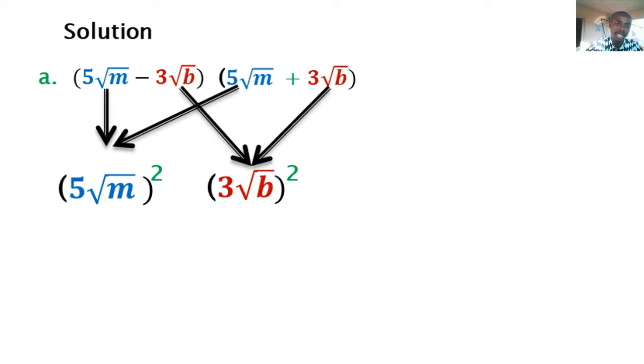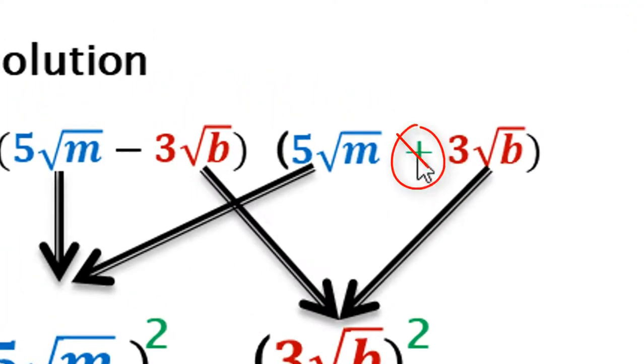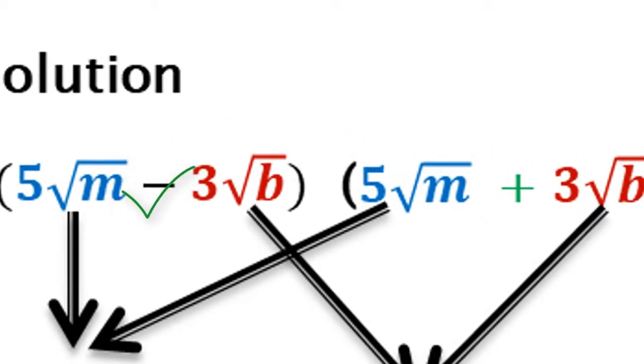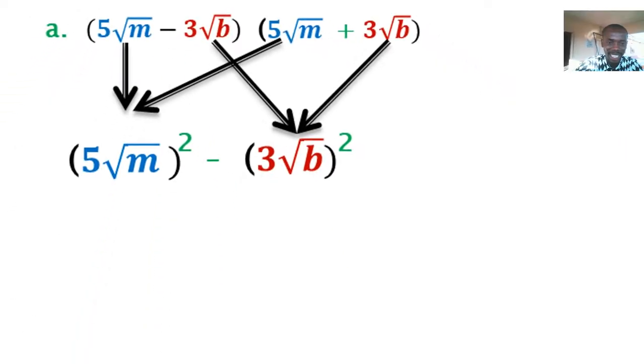Now the next thing you do is bring a sign in between. What's the sign you bring in between them? Ignore the positive sign, bring in the negative. You ignore the positive, you pick the negative, just like I'm bringing it in here now.